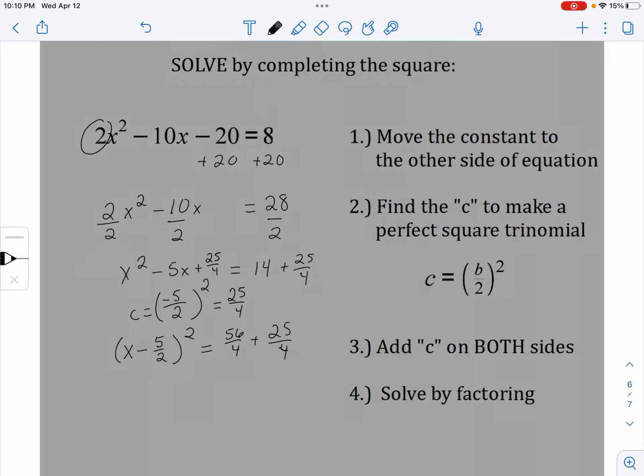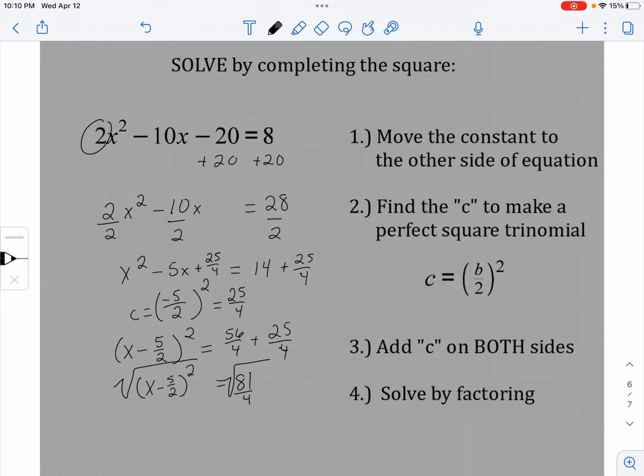Okay, so when I add those together, that's going to give me 56 plus 25, so that's going to be 75 plus 6, so 81. Okay, so x minus 5/2 squared is equal to, nope, 81 over 4. So I'm going to take the square root of both sides.